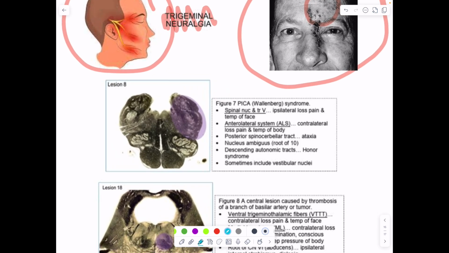And so with a lesion here, you're going to affect the nuclei of 5, and you'll have ipsilateral pain loss of the face, and then we have our anterolateral system, ALS, located here, and then here's ML, VTT. So you're going to have contralateral pain loss right there from ALS, okay?